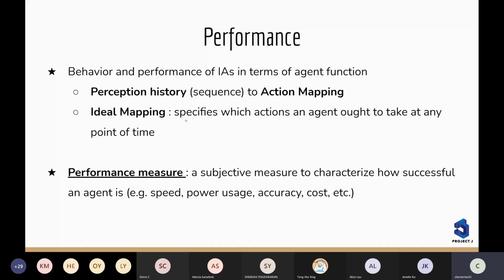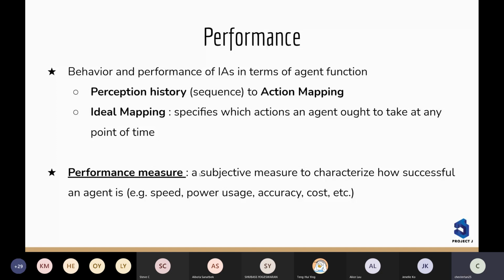The ideal mapping specifies which action an agent ought to take at any point in time, that is, the best thing the agent can do at that particular time.